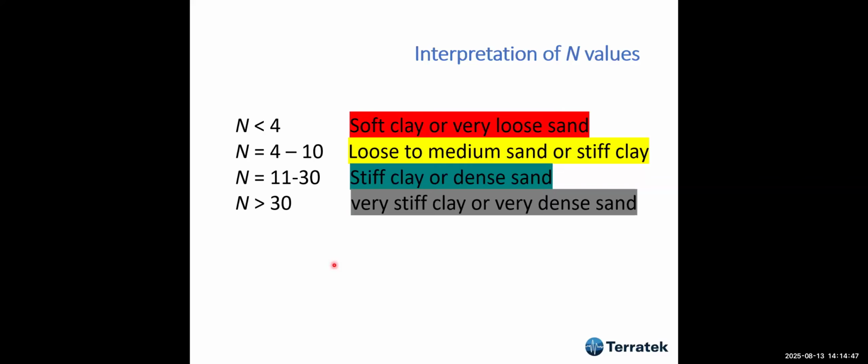Usually, what we are concerned with for foundation design, for you to have an idea, if we have an SPT of 10, in most cases we can use a shallow foundation, while less than that, in most cases, we have to drive piles, okay?